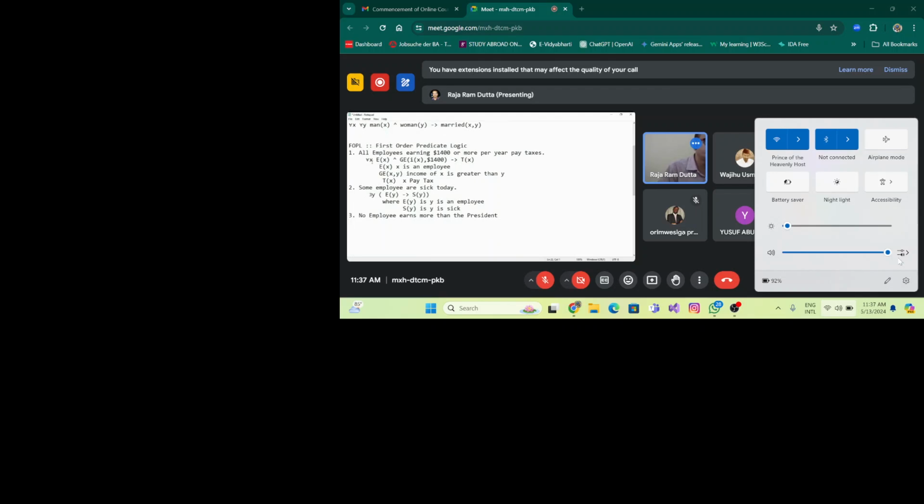One more example: no employee earns more than the president. Here also you have to take a universal quantifier. No employee means you have to check with all employees, and you may use a negation also.